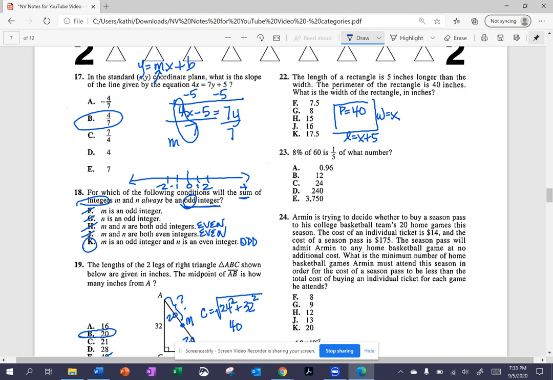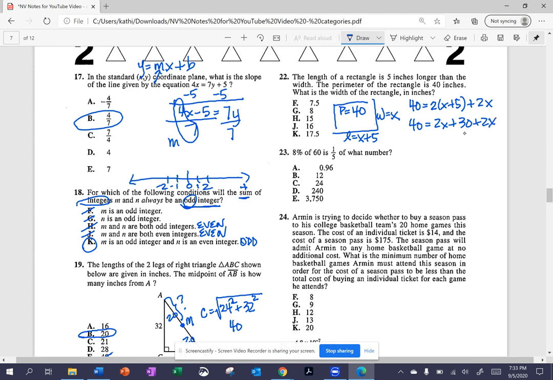Oops, 40. So the perimeter is 2 times the length plus 2 times the width. So this is 2 times (x plus 5) plus 2 times x. So this is 40 equals 2x plus 10, plus 2x.